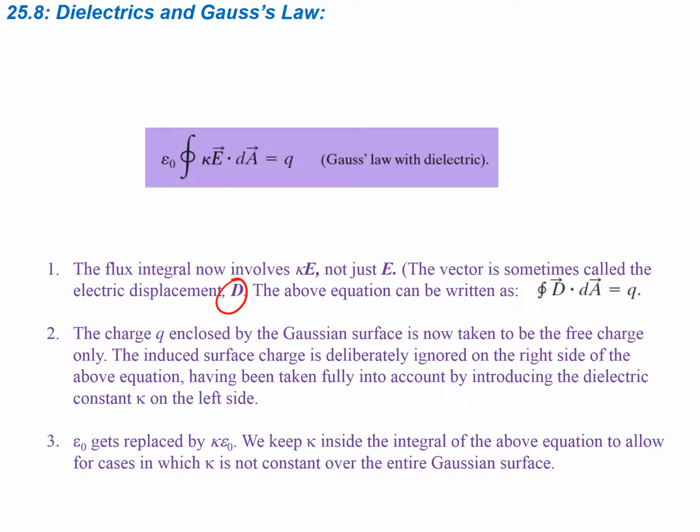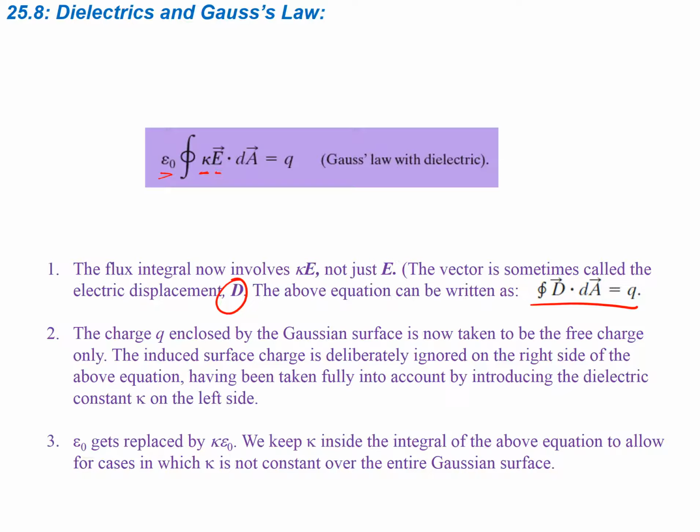So the above equation can be written as the integral D dot dA is equal to Q. Notice that it also involves that epsilon naught. So D is going to be epsilon naught kappa times the electric field. And we're going to call this electric displacement.